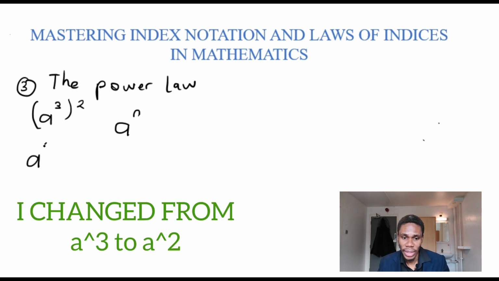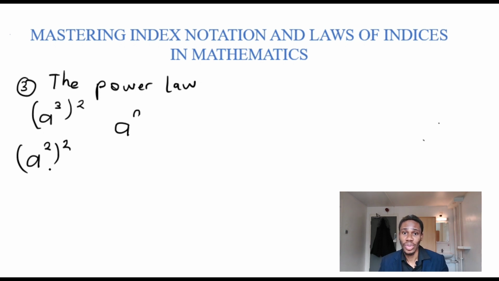So a squared to the power 2 is what? A to the power 2 times a to the power 2. Now there's a similarity between the third law and the first law, in the sense that the moment you are able to clearly write out what this means, it then resembles the first law, which is the product law, because they all have the same base.